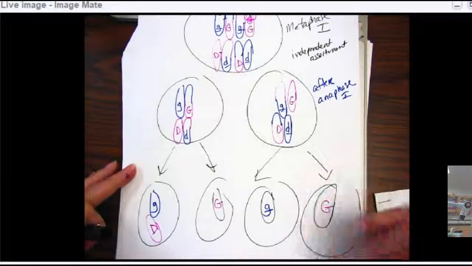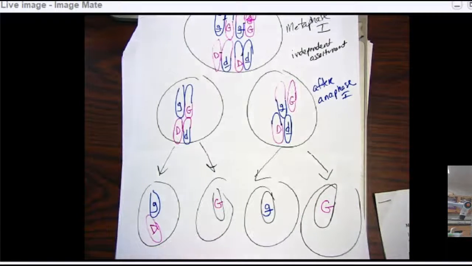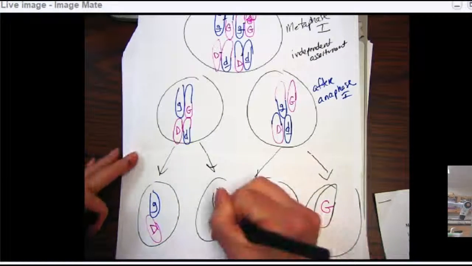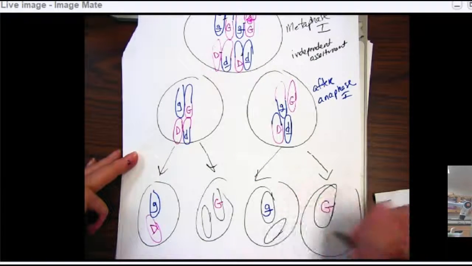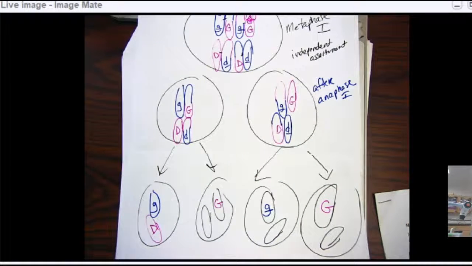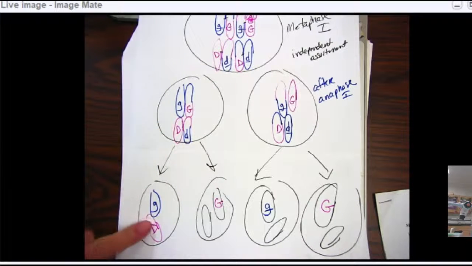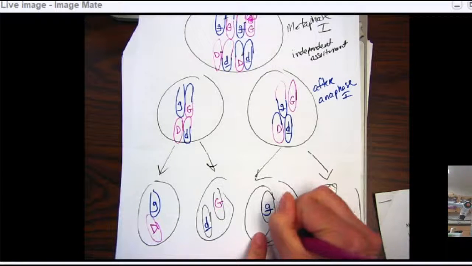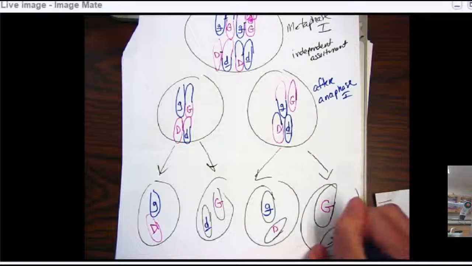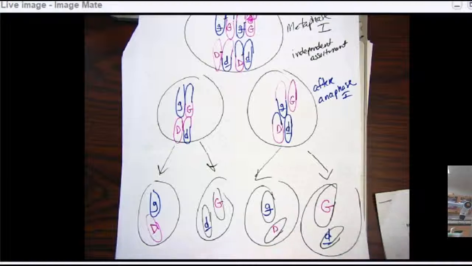So there's chromosome 1 in each of those cells. Chromosome 2 in each of the cells should have Ds. But some will have a dominant D, some will have a recessive D. How they assort into these cells can be different.